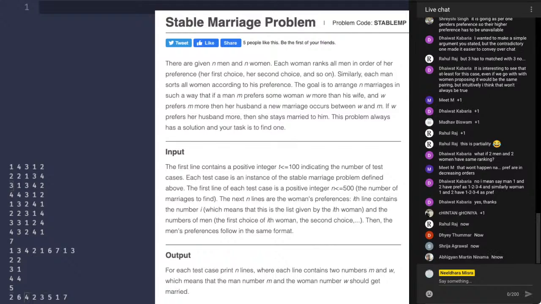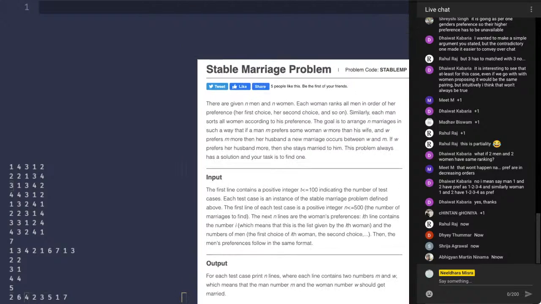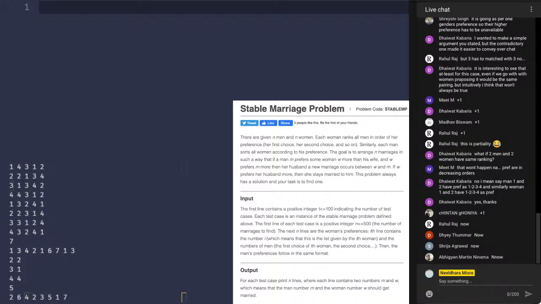Okay, let me get the notes out of the way because we are not going to be needing them. One thing that I think will be useful is to keep track of the problem.